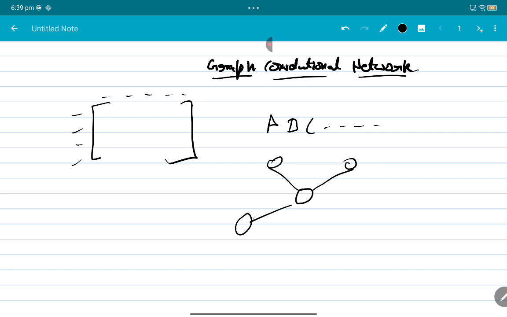In many real world use cases like social networks, molecules, or research citations, the graph is heavily used. Now let us consider an example, and based on that example we will see how it works.